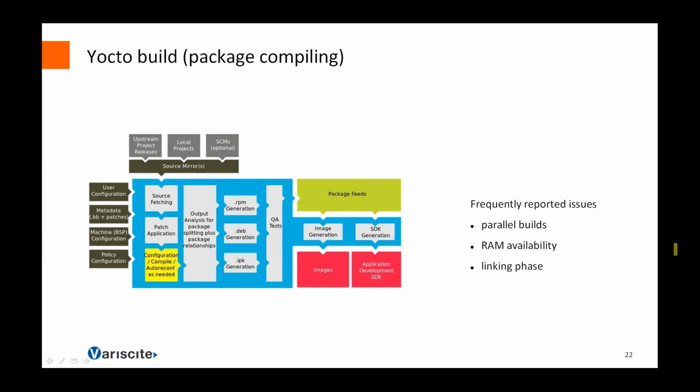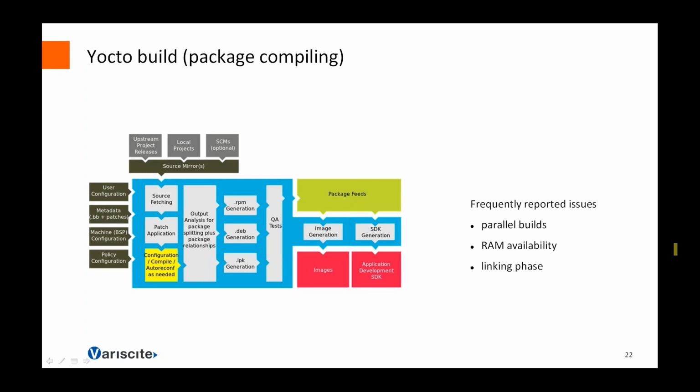Here we have one of the most critical parts of the build, because all of the resources of the machine will be used, all. Unless you limit them with specific configuration, you will use all of the cores and all of the RAM.